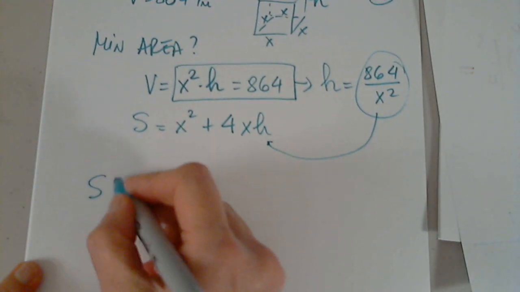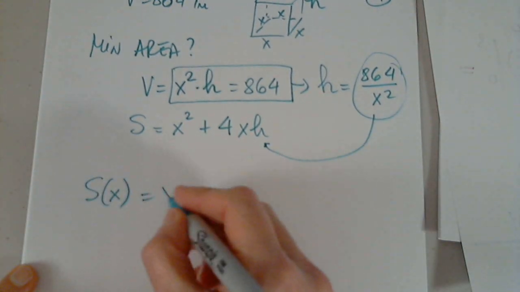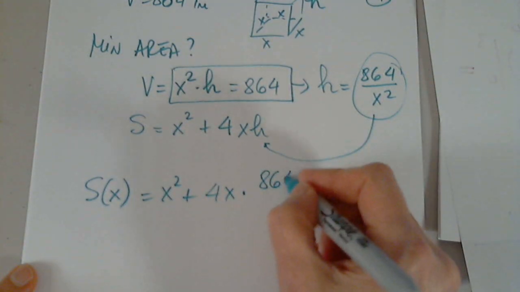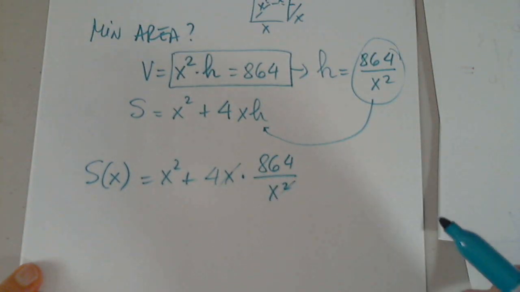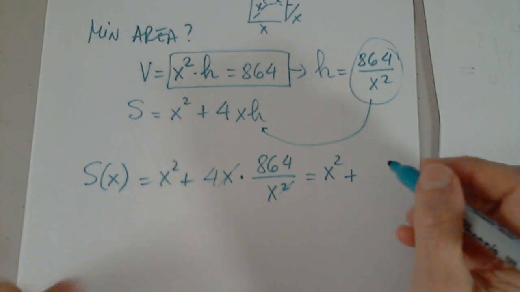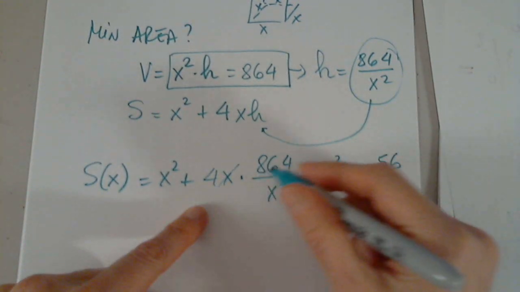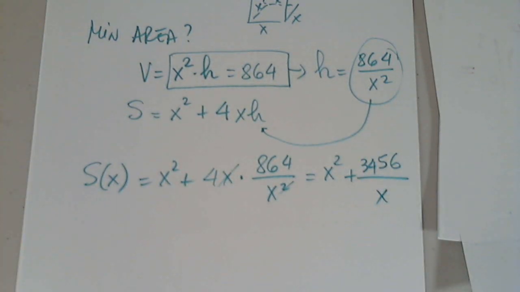Now I can say that the surface is a function of one variable, only x: x squared plus 4x multiplied by 864 over x squared. I will, of course, simplify, and I get x squared plus 3456 divided by x.